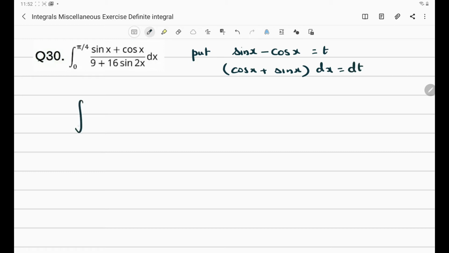So, we can write this as numerator is dt divided by 9 plus 16 into sin 2x. Let us write sin 2x also in terms of t.